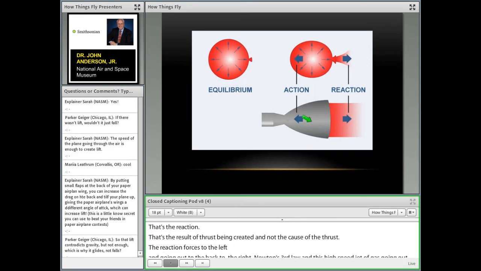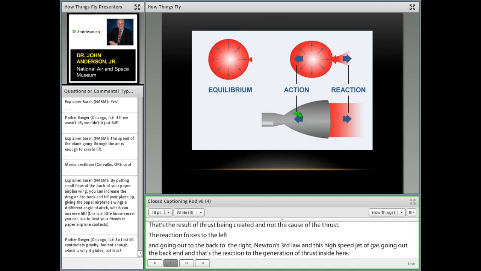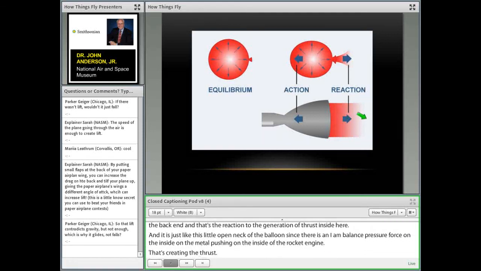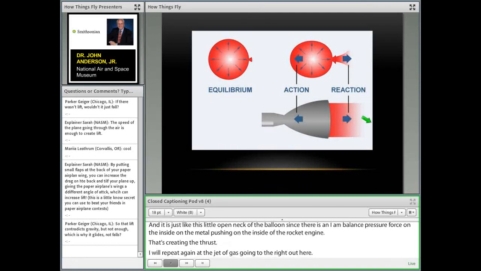Since there's an imbalance of pressure force on the inside, the metal pushing on the inside of the rocket engine, that's creating the thrust. And I'll repeat again, if you look at the jet of gas going to the right out here, the gas is out here. If you look at pictures of rocket exhaust, the plumes, they trail sometimes miles behind the rocket engine. And that gas back here isn't touching the rocket.